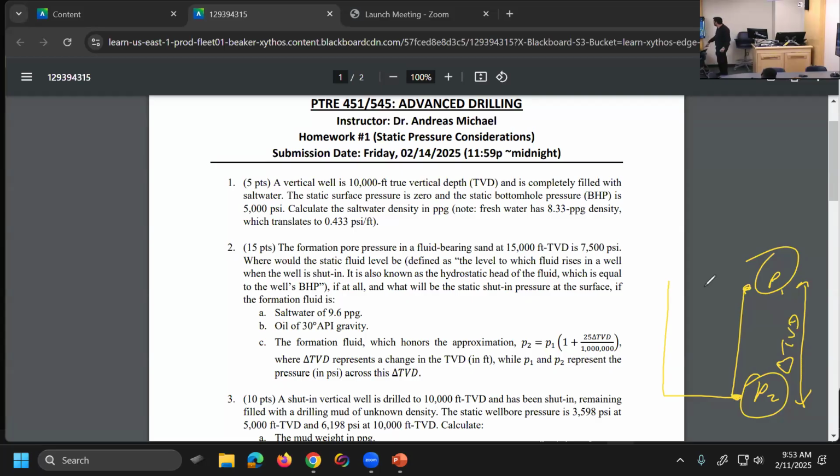BHP to be equal to FPP. You know this. You also know this, but you want the static fluid level, which can be anywhere in between. So this is what you need to use, this equation. It can be confusing, but it's just basically one correlation.